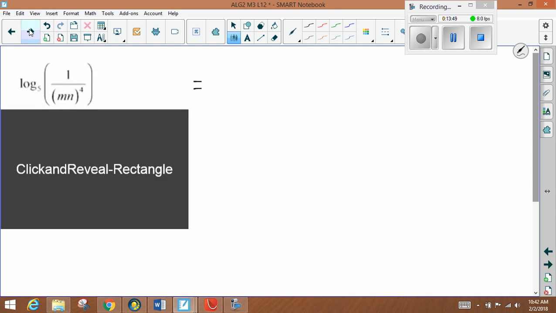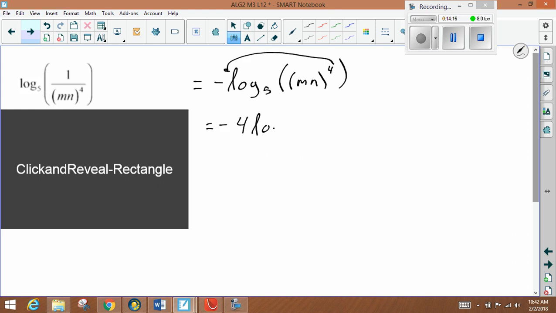So negative log base 5 of just the numerator, right? So this is m n to the 4th power. And then I take the 4 and put it in front. And so it becomes negative 4 log base 5 of m times n.